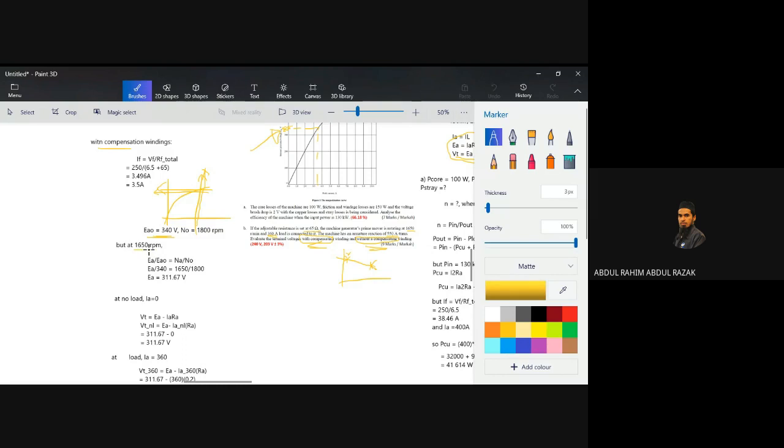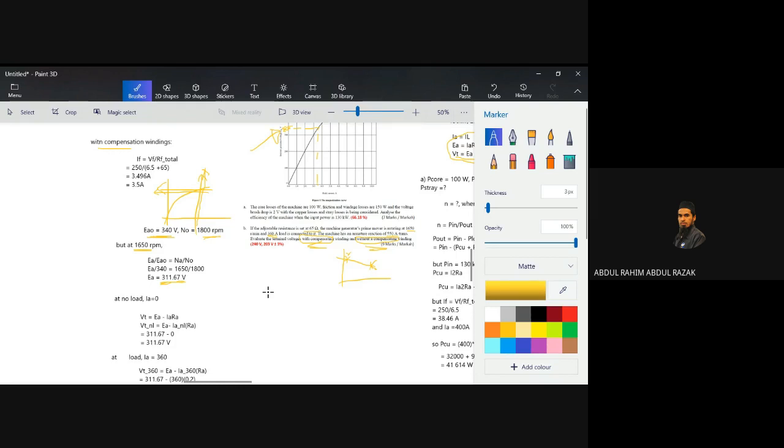Consider it just now at 1800 RPM. But when the rotation changes, we find out what the generated EA is at this 1650 RPM. So we will get 311.67 volt.